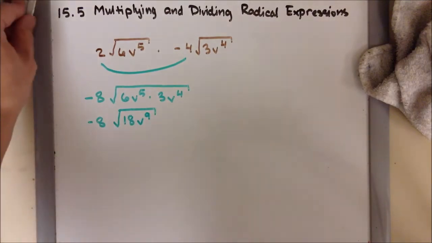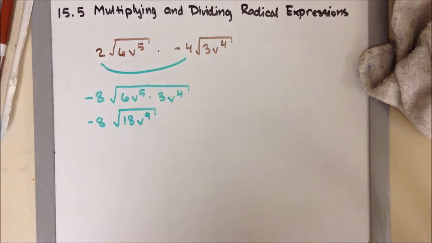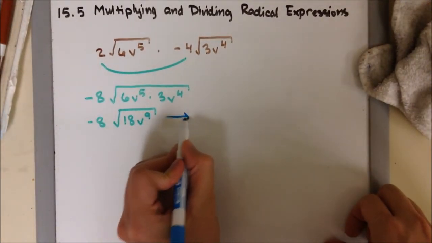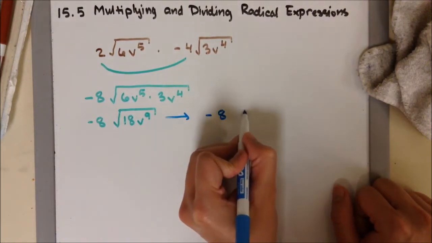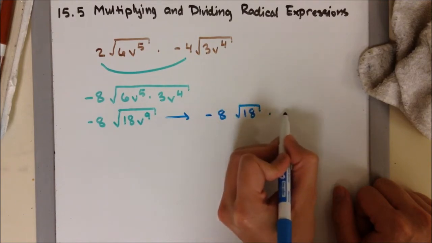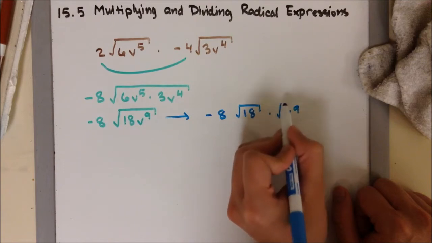What I'm going to do next is separate into parts. So we still have the negative 8 outside, but now we're going to have square root of 18 times the square root of v to the 9th power.